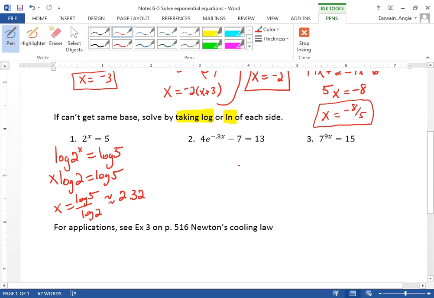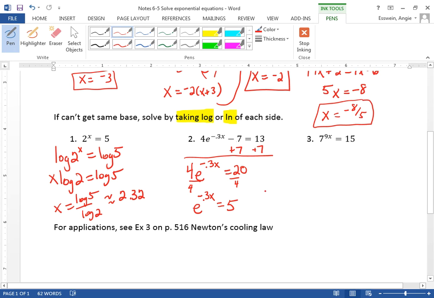What number can you get rid of first? +7. Yes. So don't think it's some strange new frontier. You just make it simpler for yourself before you even get started. Make everything easy. What else do we get? 4. Yeah, divide by 4. So we have e raised to the negative 0.3x equals 5.